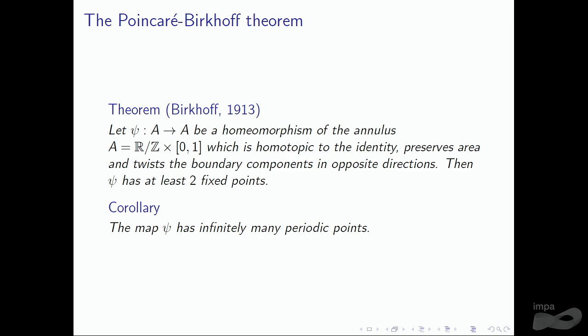It's possible to associate to each boundary component of the strip a rotation number, a real number, which measures this speed, what's the average speed in the horizontal direction. And if these rotation numbers are different, then we say that there is a twist condition.